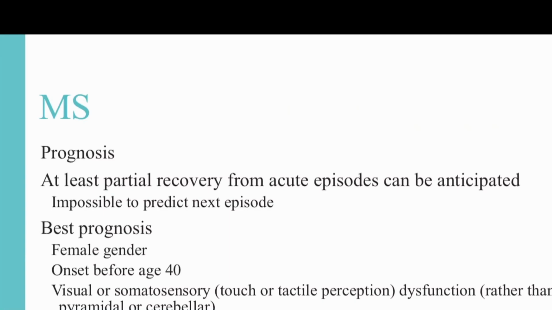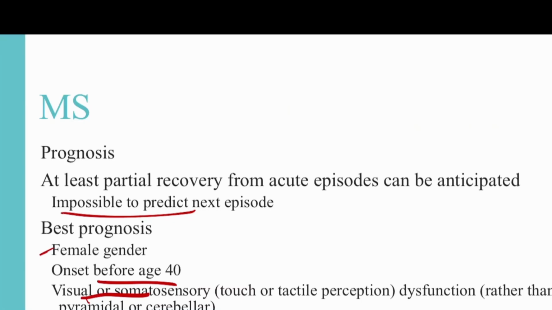Prognosis. Partial recovery from all those episodes can be anticipated. You don't know when the next one's going to happen. Whenever you get a new demyelination occurring, that's where you start getting your signs and symptoms. Best prognosis: female gender, onset before age 40, and they get visual or somatosensory deficits, touch, tactile perception, rather than pyramidal or cerebellar.